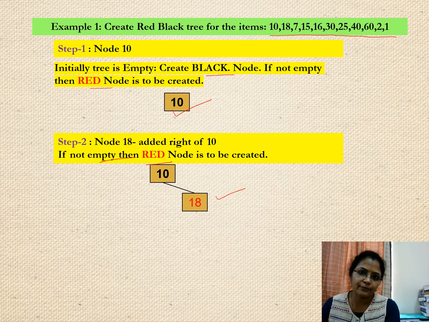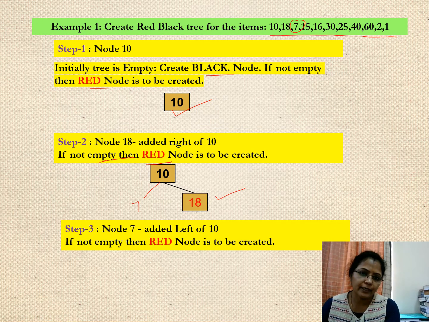Let us go ahead with step 3: node 7 is to be added on the left-hand side of 10. So step 3, node 7 added left of 10. Again node 7 is a red node. Now node 7 is added here, and you can verify that 7 and 18 are added after the 10.